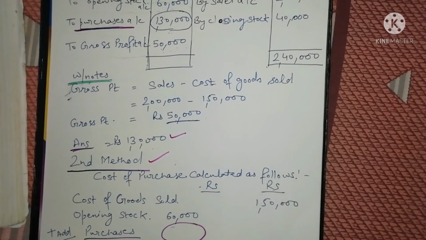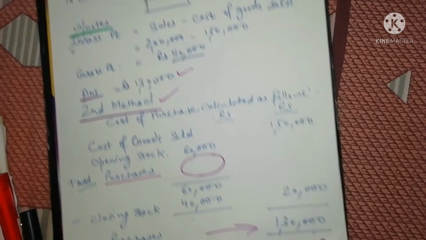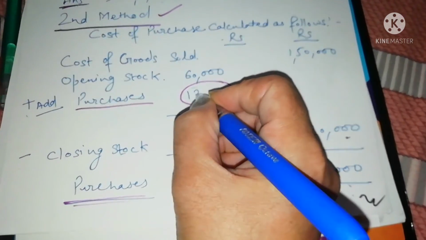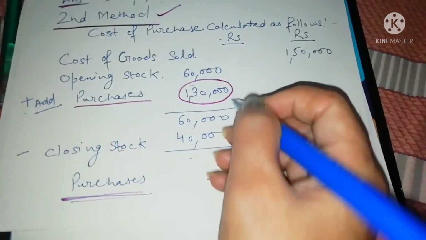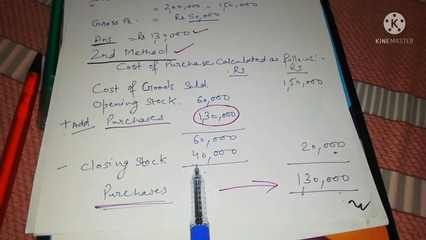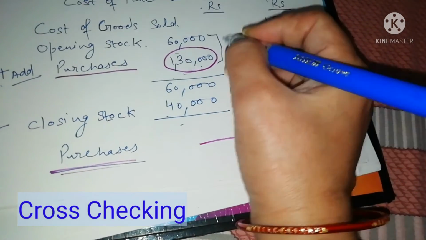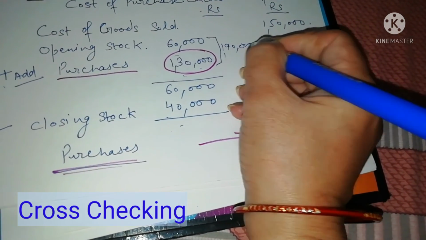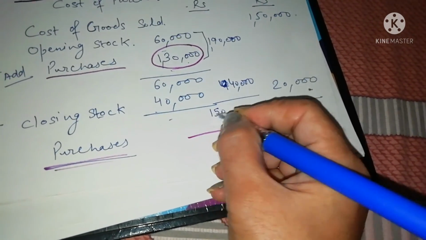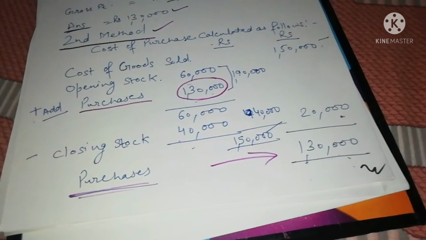Students, after getting the answer, there is a need for cross checking also. Now we will fill in the purchases figure, that is rupees 1,30,000. We will write here 1,30,000, which we found, and now we add up the opening stock and purchases, and it becomes 1,90,000. This is the cross checking. 1,90,000 becomes the total, and we deduct from it the closing stock figure, that is rupees 40,000.